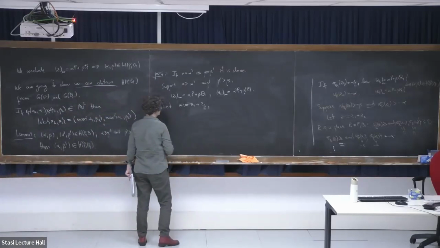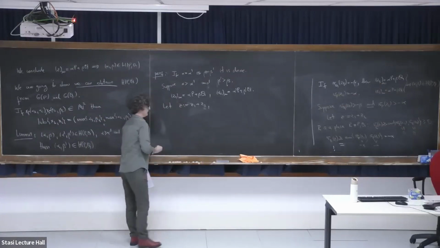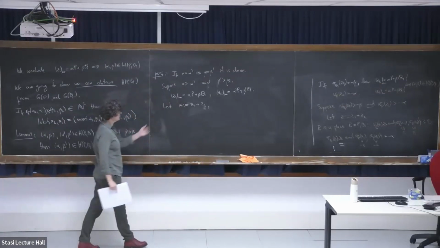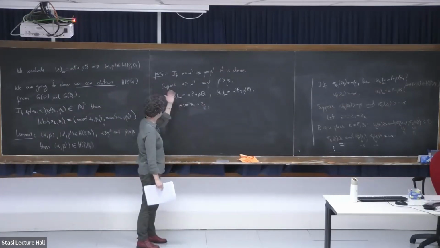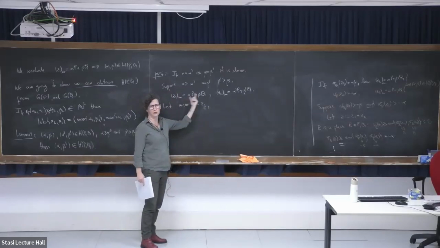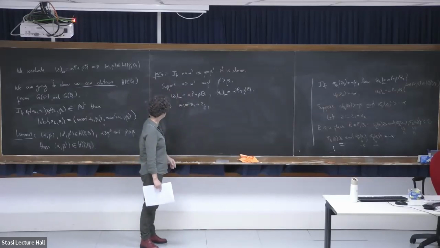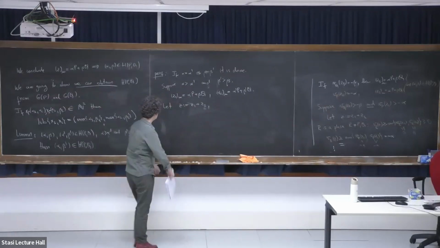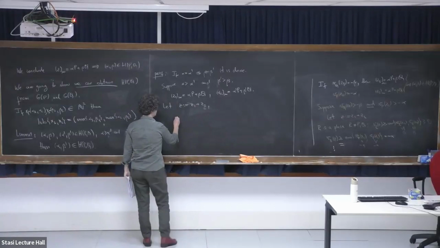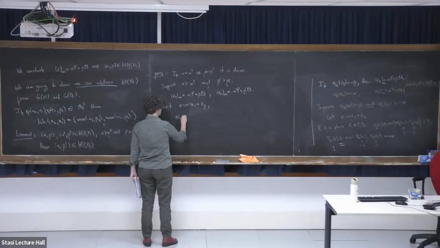So this is going to work to show that this is happening. Because, just as we did before, for any place different from P and Q, this place cannot be a pole of the function zeta. This is the comment we did there. And again, what is the evaluation at P?